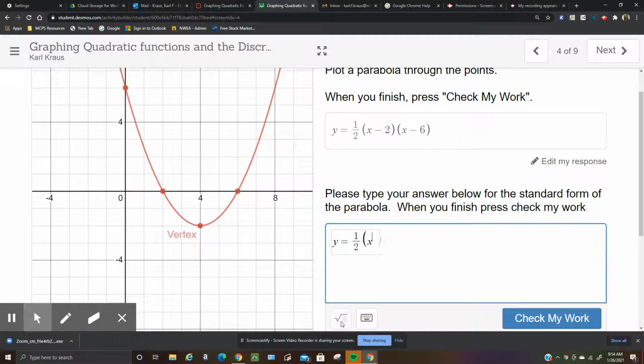So I get x squared minus 6x minus 2x plus 12, times 1/2, and combine like terms in the parentheses: x squared minus 8x plus 12.